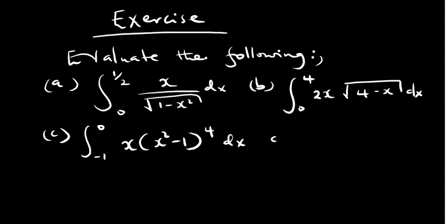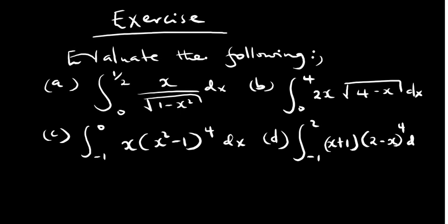Part D, we have integral from -1 to 2 of (x plus 1) into (2 minus x), all this power 4, with respect to x.